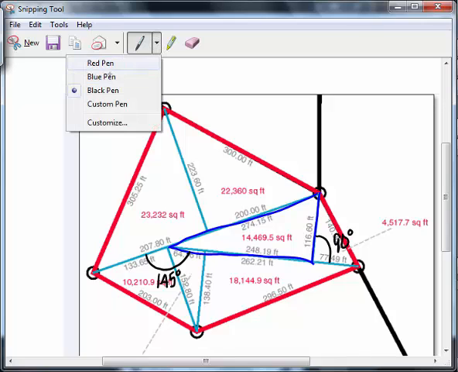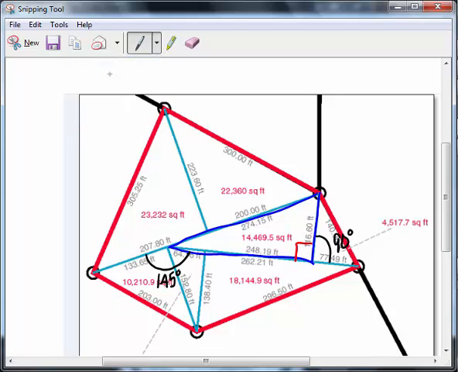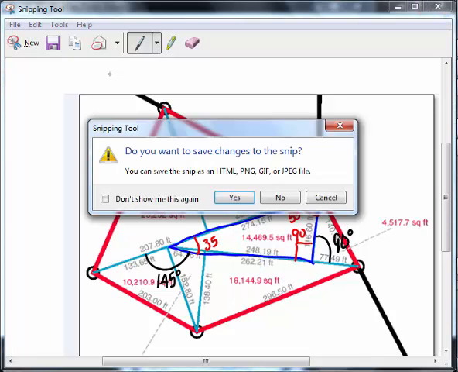Well, this one is obviously 90. This one is, what is that, 35? 35 and 145 is 180. And so this one up here must be 55, because those three angles inside have to add up to 180.